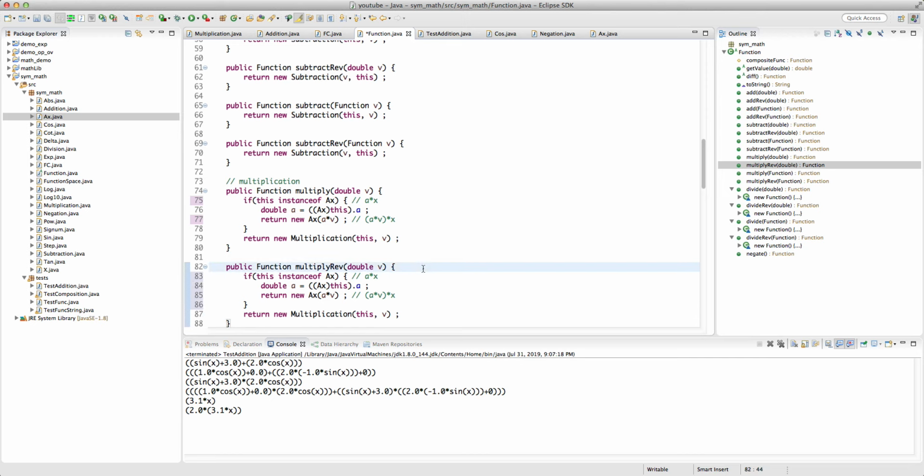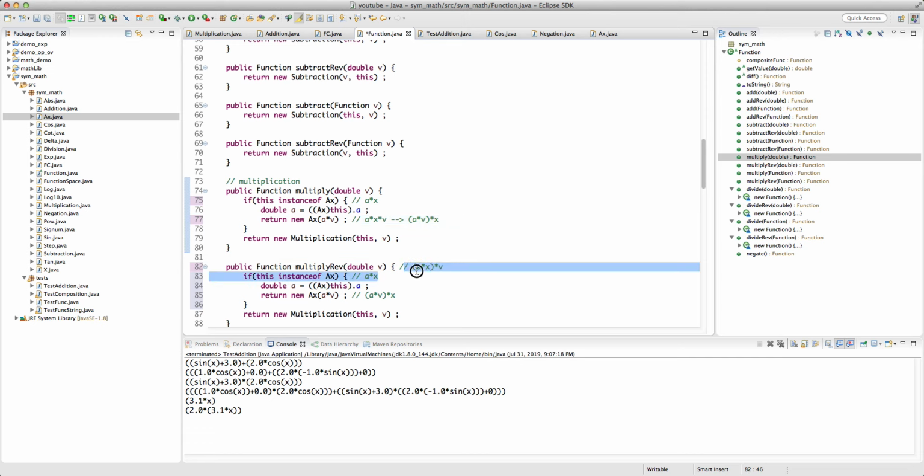If we have a function a times x, and we end up multiplying this with v from the other side, then for the direct multiplication it's a times x times v, and now we take care of this because a times x times v is transformed into the result of a times v times x.